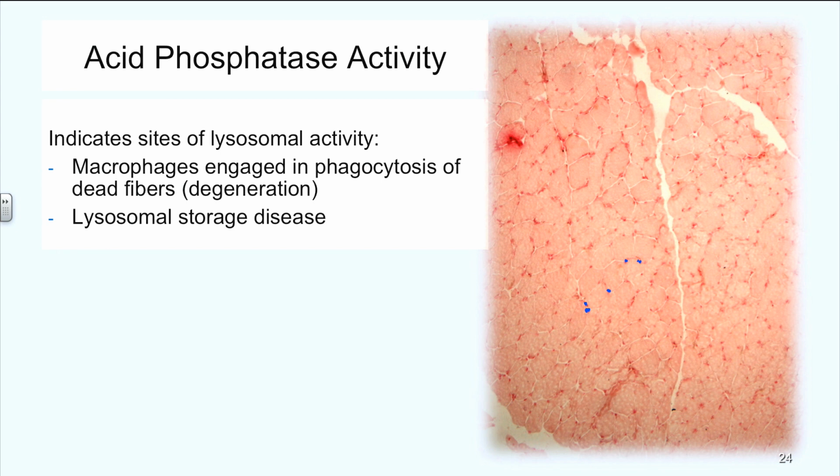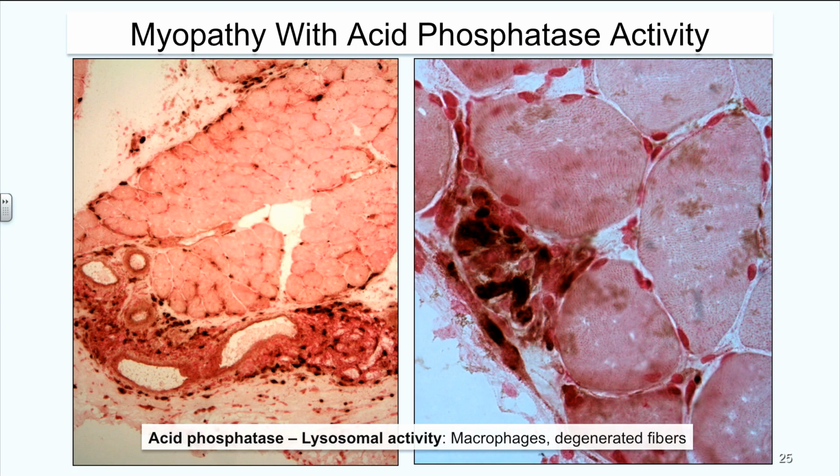But when the lysosomal activity is heightened, and when there's a lot of digestive activity and phagocytosis in the muscle, obviously in the acid phosphatase we can clearly see it. In the background of the pink, no reaction, we will start to have all these macrophages that are coming to either clean up or attack.